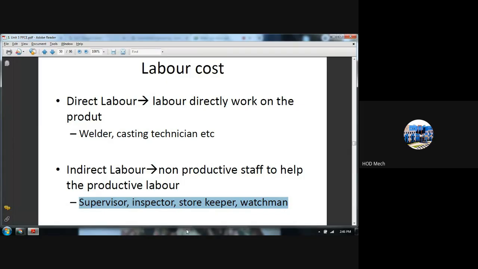What is the work of a supervisor? The work of a supervisor is to look whether everything is going at the right time with the required quantity perfectly or not. ஆனா who is working on the component? It is the operator. இதுதான் direct labor, indirect labor.